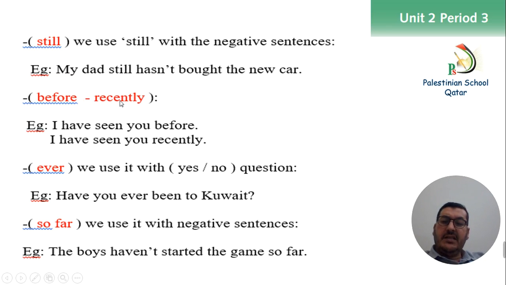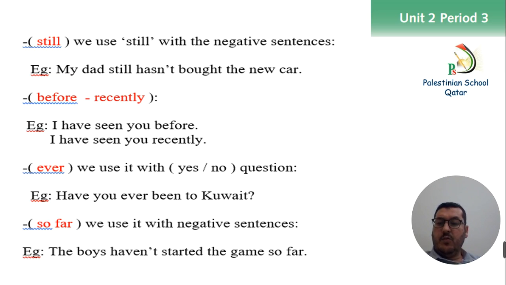Before and recently, we put them at the end of the sentence. I have seen you recently, and I have seen you before. So these two words we can put at the end of the sentence to show that something happened a little time ago.